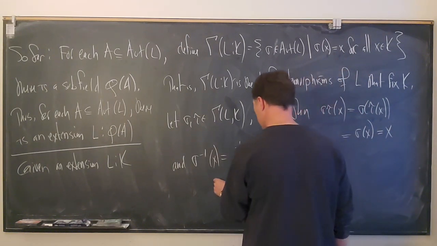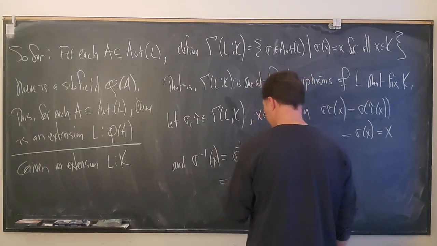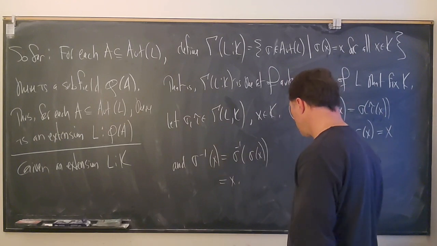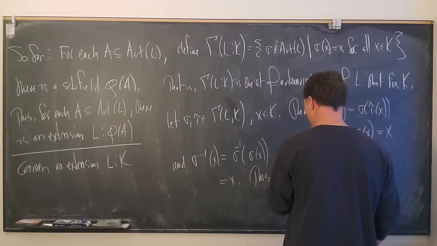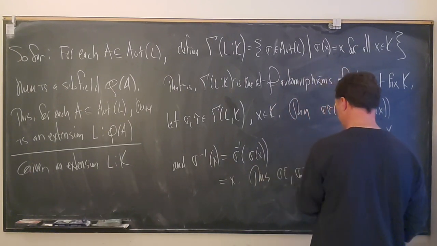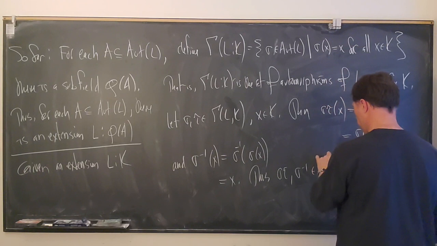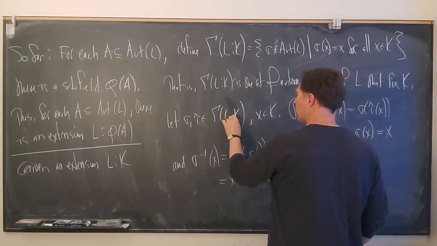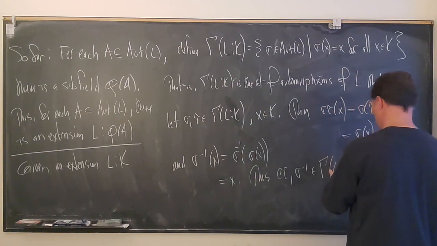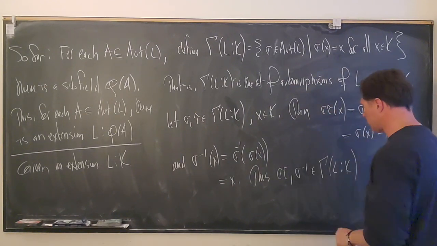And then this is equal to x. Thus sigma tau and sigma inverse are elements of gamma of L over K. Oops, I put a comma there. It should be a colon.